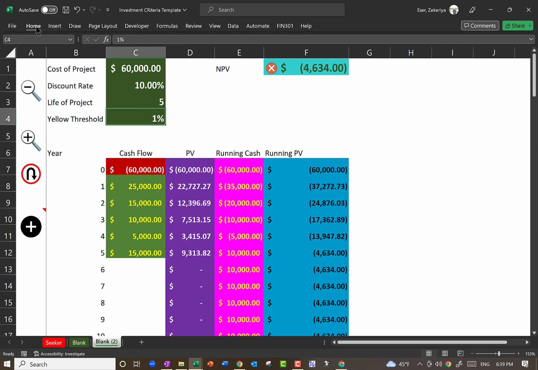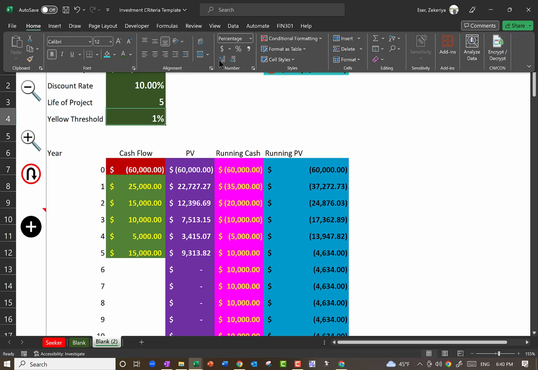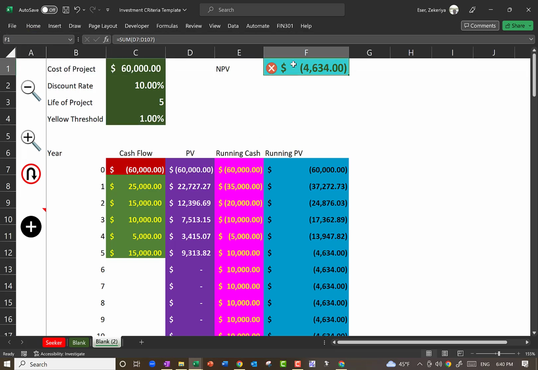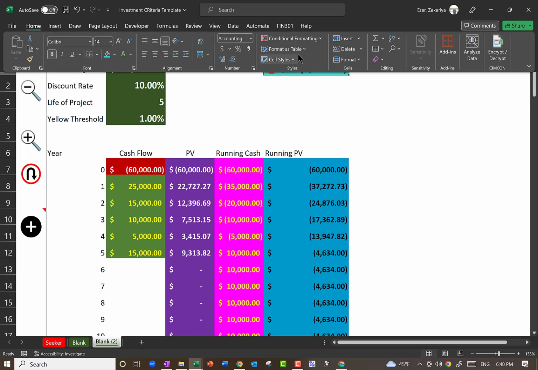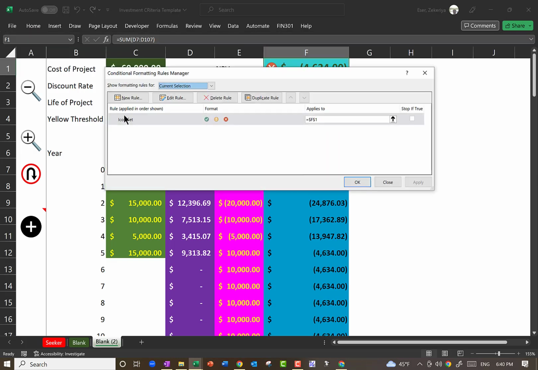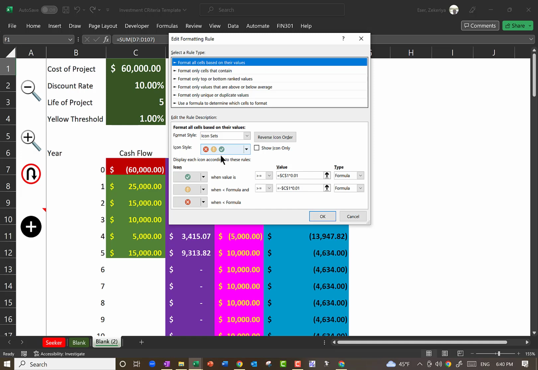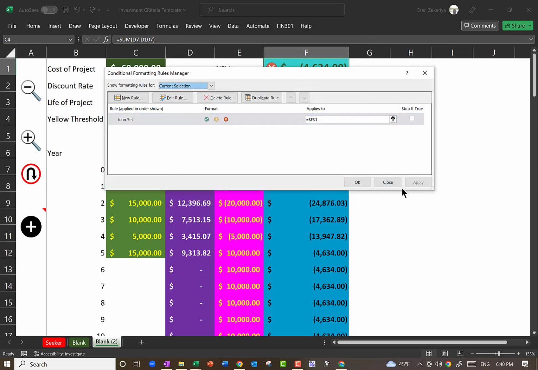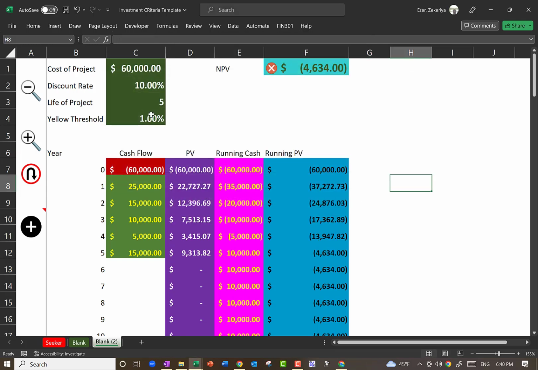Even incorporate that over here. Let's edit that rule. Instead of hard coding 0.01, I'm going to make that parametric essentially. So I could do 5%.